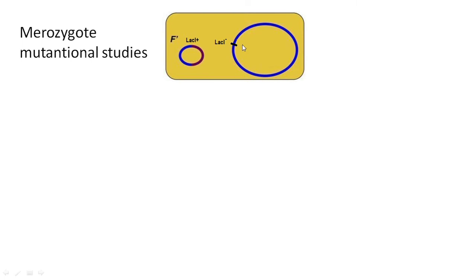But similarly, if Lac I is correct but P is mutated, or O is mutated, then we cannot rescue that with the help of a plasmid containing the wild type of that gene, because promoters and operators don't produce any diffusible substance.